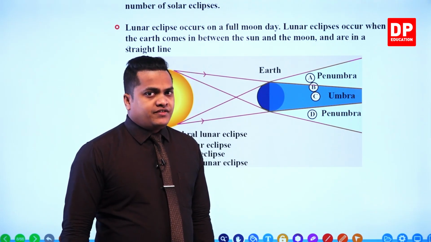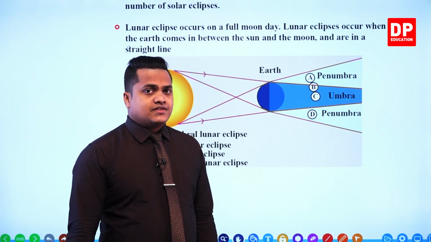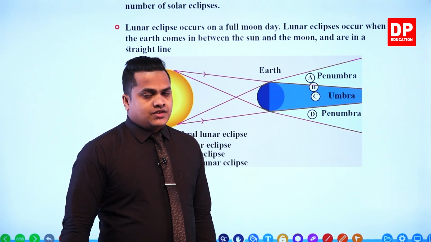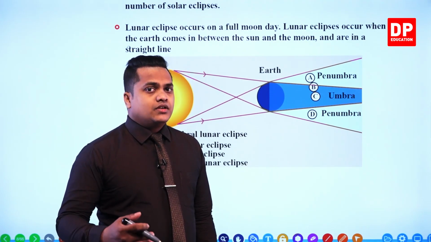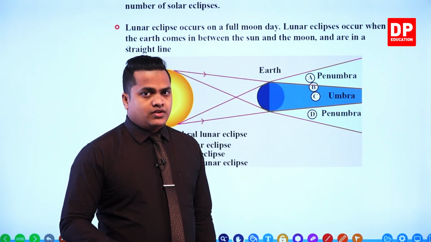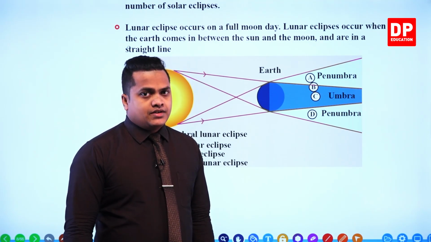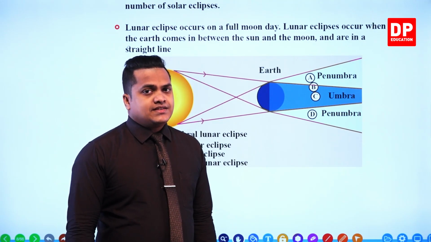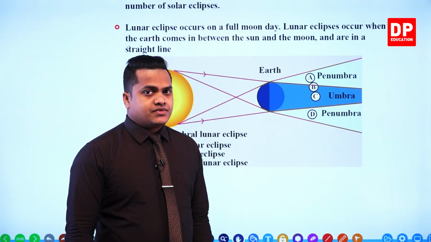Here the shadow of the earth falls on the surface of the moon. By that way, a portion or the entire moon is going to disappear.